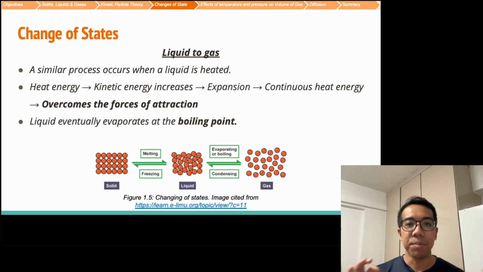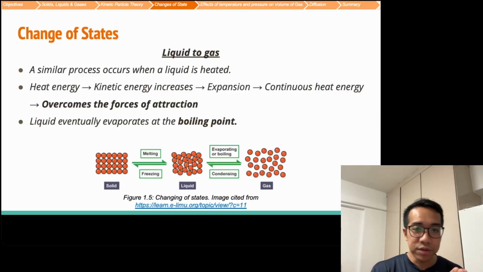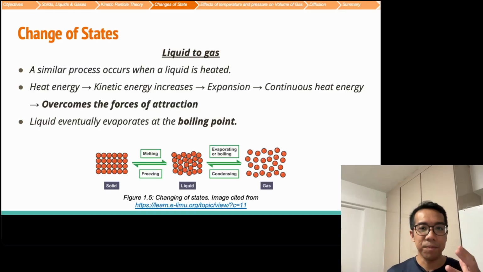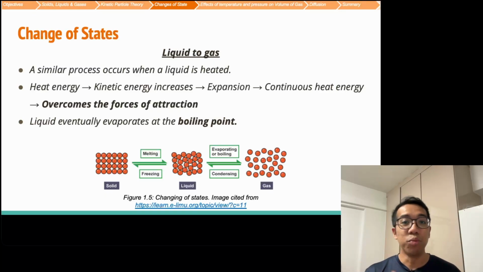The particles are now far apart with weak forces of attraction between one another. Again, those of you who are keen observers can notice that that is what particles do when they are in gaseous form. Excellent. So obviously when liquids turn to gas, they don't go through the melting point. They go through something called the boiling point. You boil water, that's why it's called the boiling point. That is something that you can glean from everyday life.